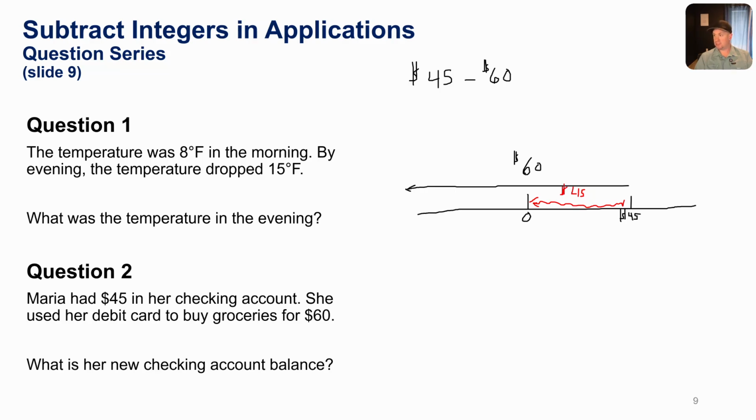She then spent 60 in total, so the difference between 60 and 45, basically subtracting the two, you get $15. So in other words, where Maria would end up in her checking account is at negative $15 here. Okay, so negative 15 is Maria's result. All right, so that is the final question in this presentation.